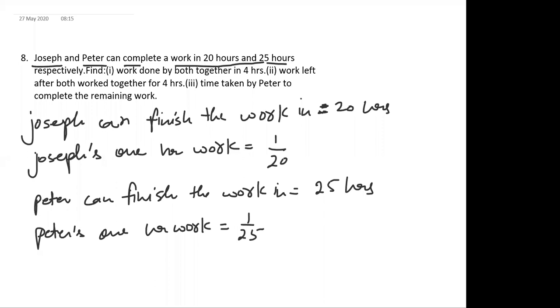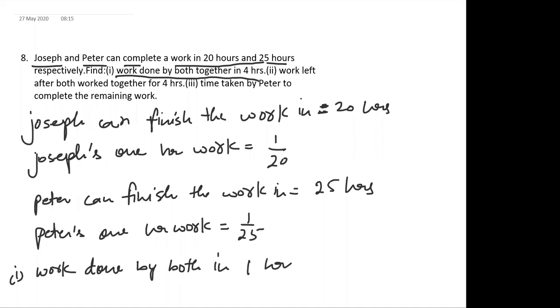So Peter's 1 hour work is 1/25. Now look at part 1. Work done by both in 4 hours. So before finding 4 hours, first find work done by both in 1 hour. Work done by both in 1 hour is equal to 1 hour work of Joseph and 1 hour work of Peter.